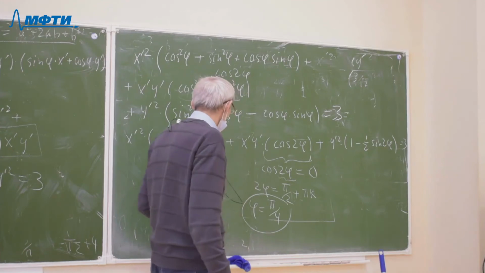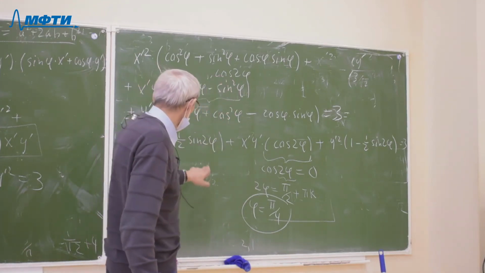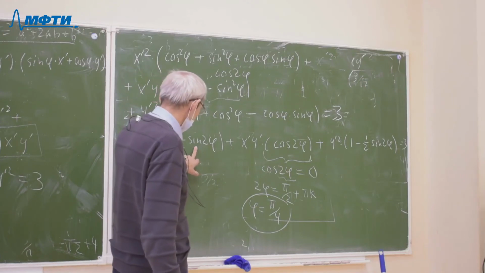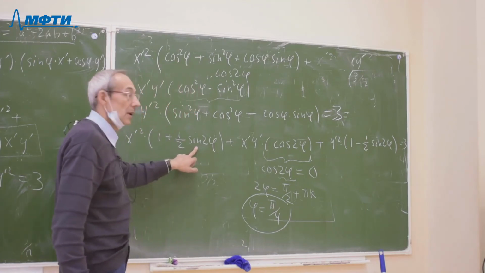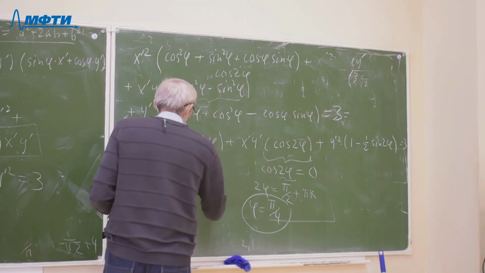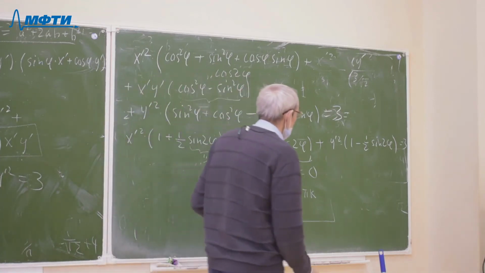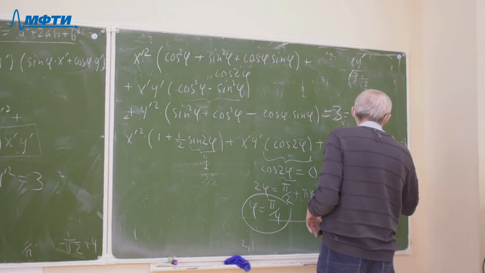But in this case, sine 2 phi is equal to 1.